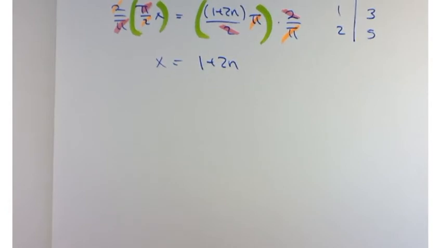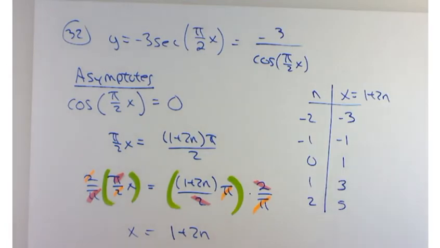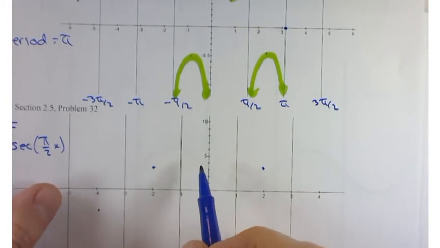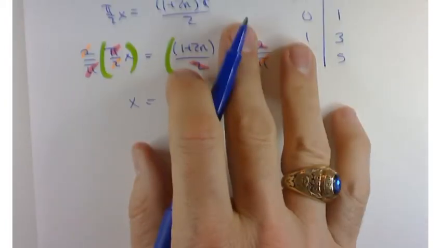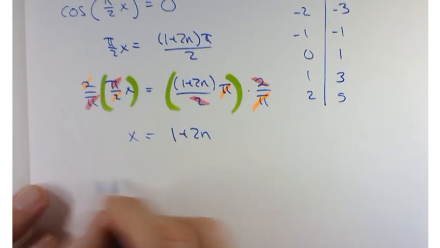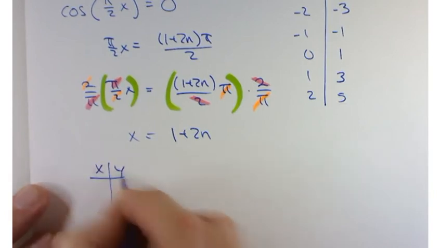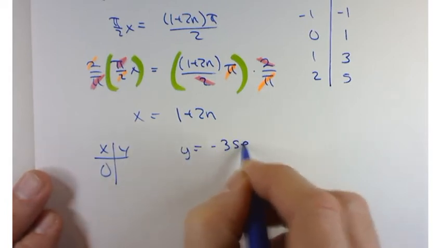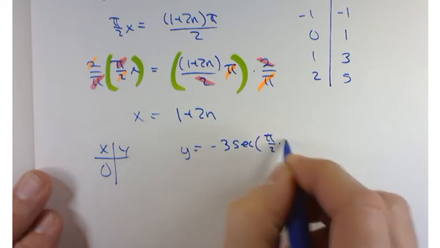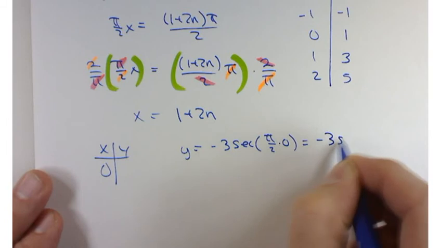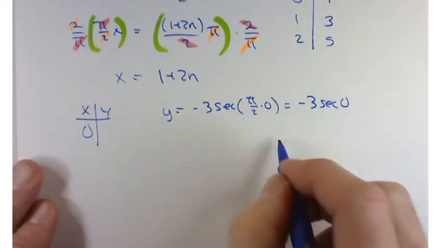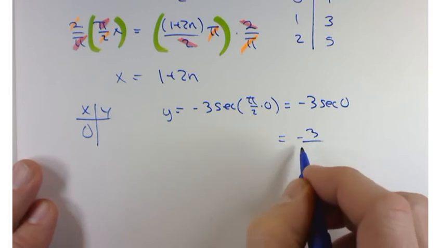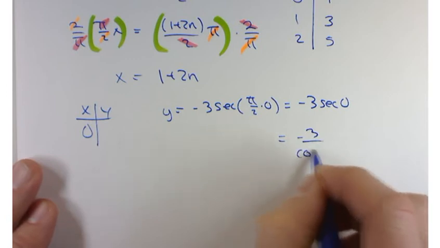Okay, so an easy way to test this is to pick a point in the middle of an interval. So 0 is a good interval to test right away. Let's see what happens at 0 in this function. So if x equals 0, what's y equal? Well, we get -3 times the secant of pi over 2 times 0, which is -3 secant of 0. Secant of 0 is equal to -3 divided by the cosine of 0.